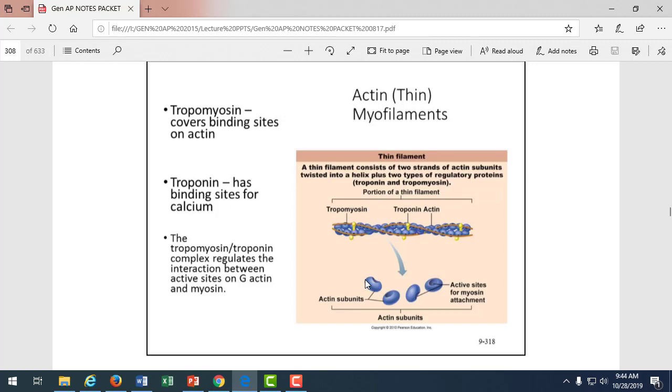So there's a binding site for calcium on this other protein called troponin. So troponin binds to G-actin as well as calcium. So there's a couple of different binding sites going on here. And then there's this tropomyosin that covers, see how it's covering all those binding sites for myosin? So troponin is kind of the boss that interacts with tropomyosin to move it out of the way so those exposed binding sites for myosin can bind to actin.